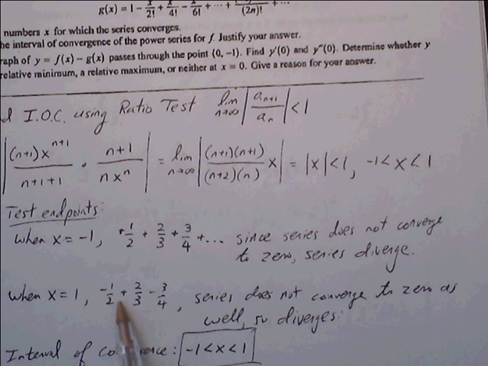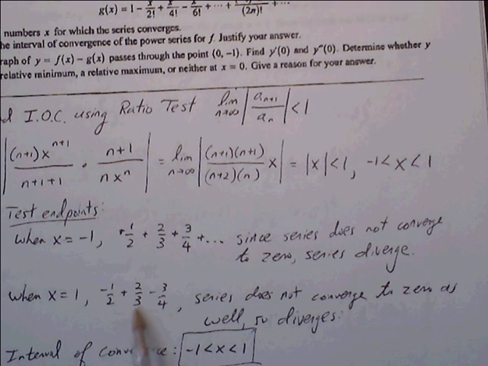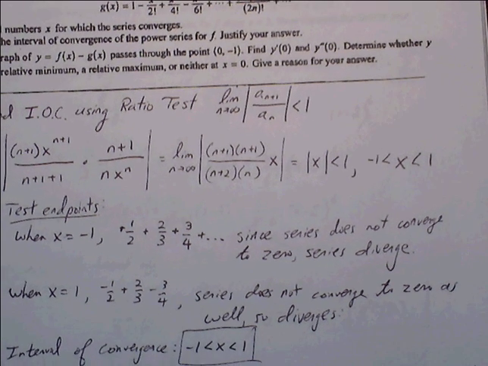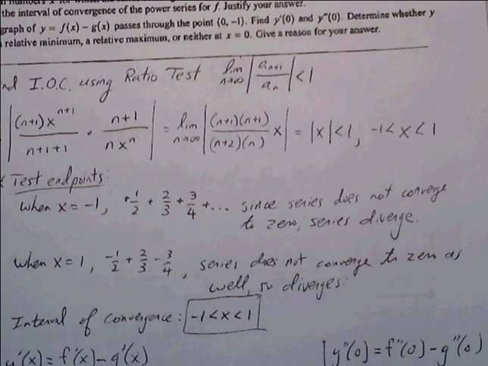The limit as n approaches infinity for each of these expressions does not go to 0. So we know the series will not converge but diverge at x equals 1. So we don't include the endpoints in our interval of convergence, just between -1 and 1.